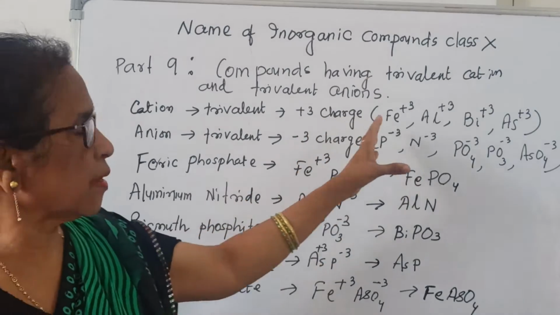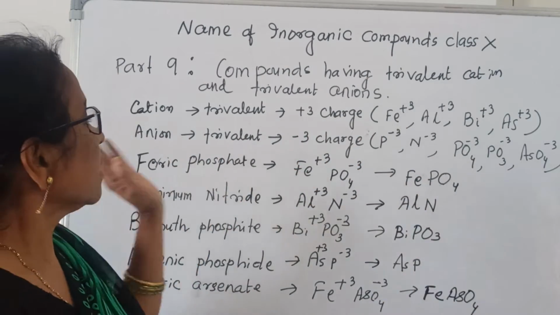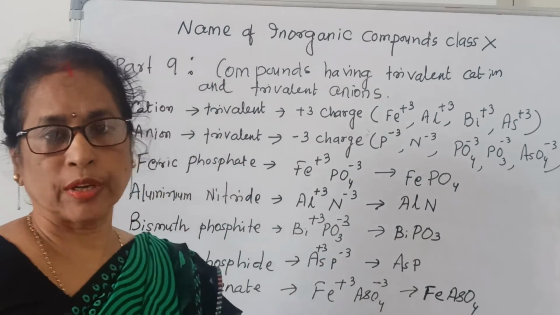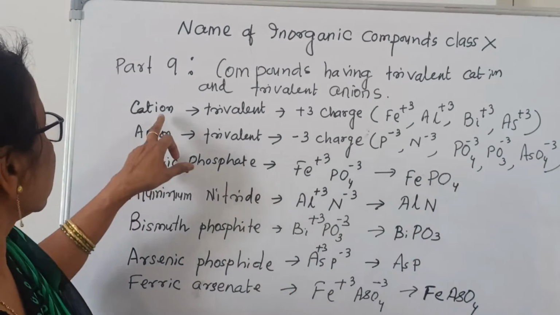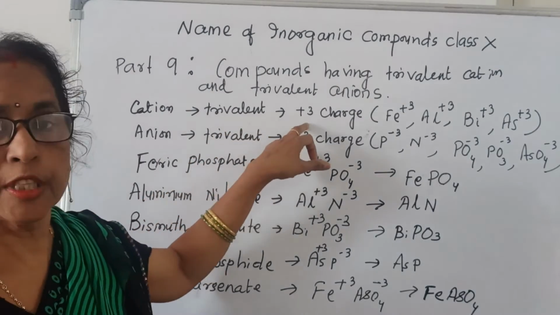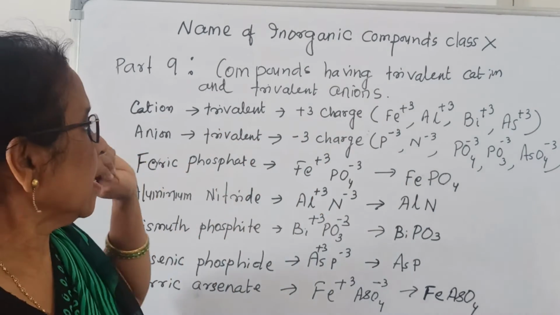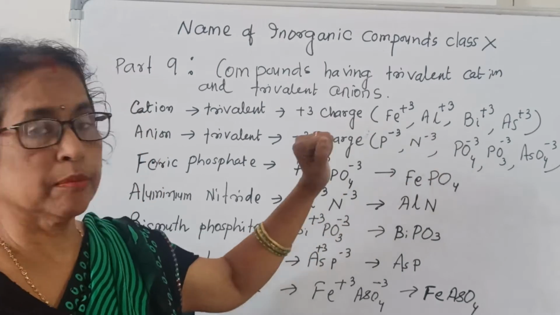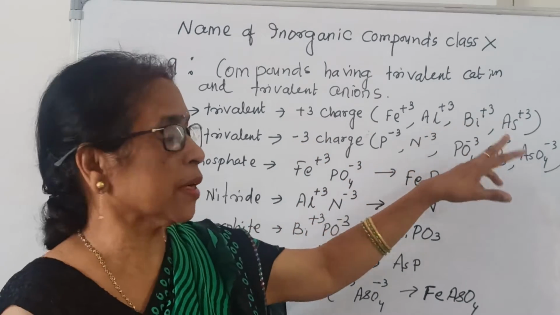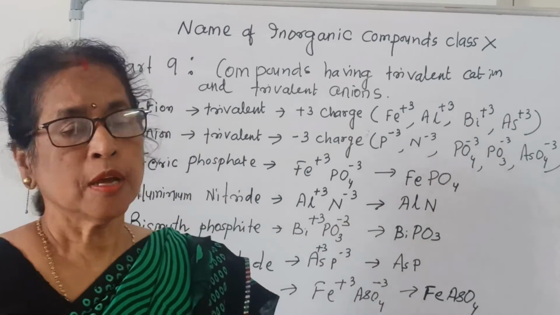Trivalent cations are very few, and similarly trivalent anions are also very few, so only a few compounds can form. Trivalent cation means positive charge of metal. Here you can see this is a transition metal, this is a group 13 metal, this is a group 15 metal, this is also a group 15 metal.